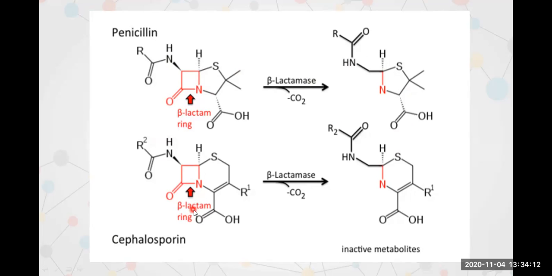Same case in cephalosporin, which also consists of a beta lactam ring. When it is exposed to beta lactamase produced by the microorganisms, this enzyme will open up the beta lactam ring, and once it is opened up, the drug becomes inactive. So the microorganisms are very smart, and they produce beta lactamase enzyme to make the drug ineffective.